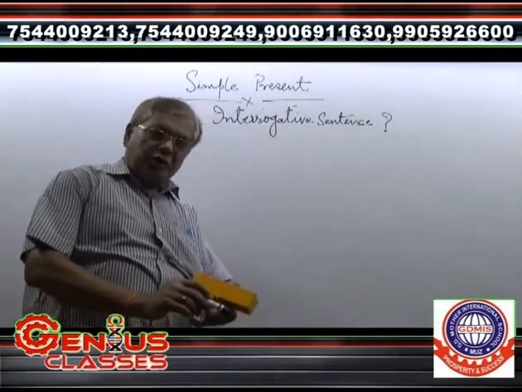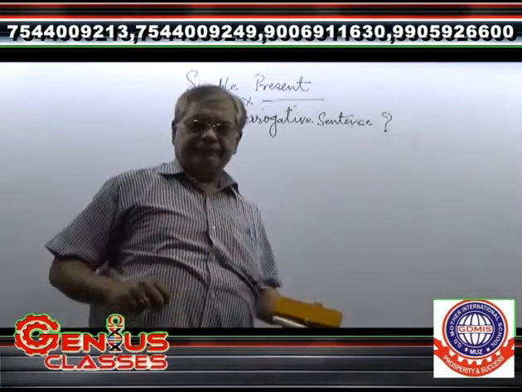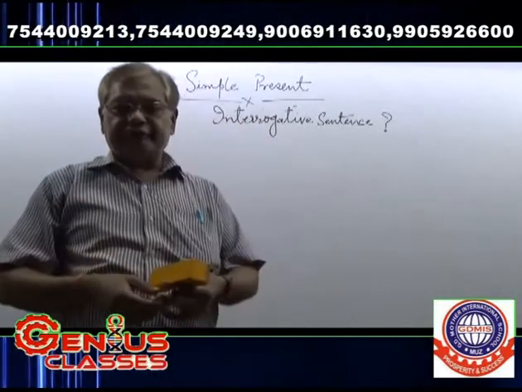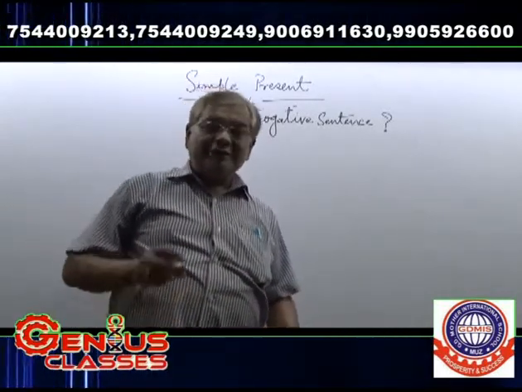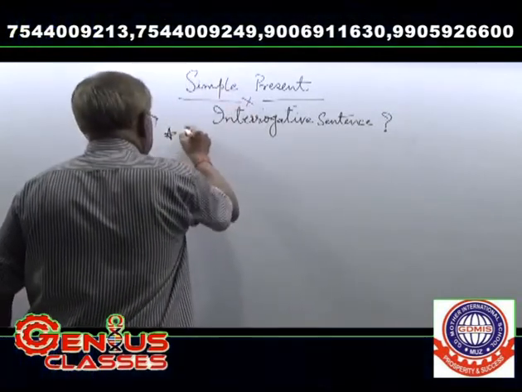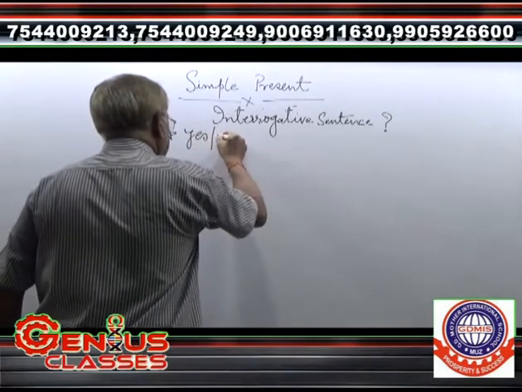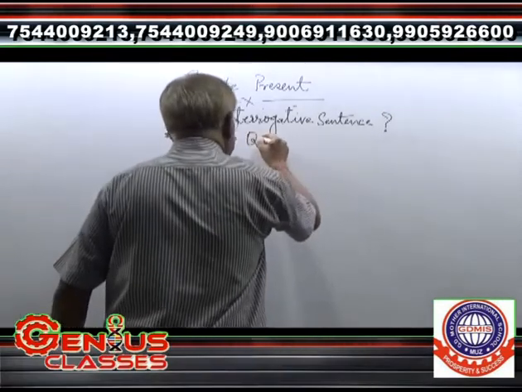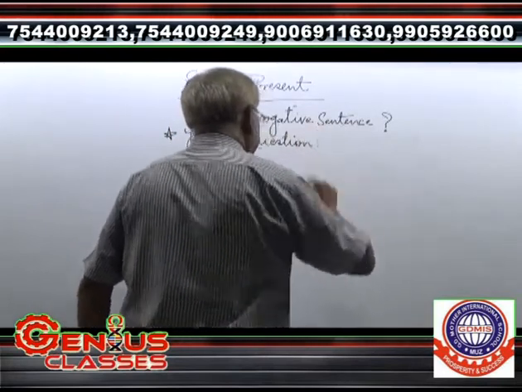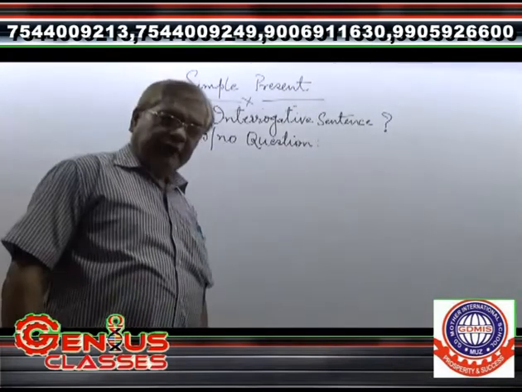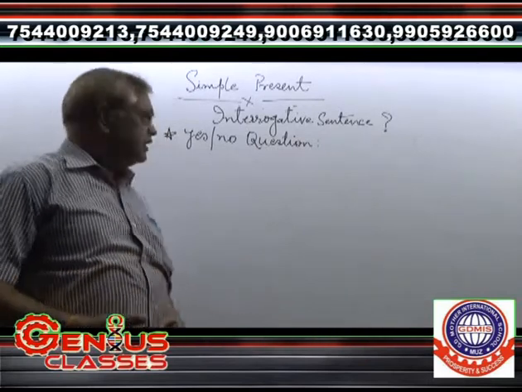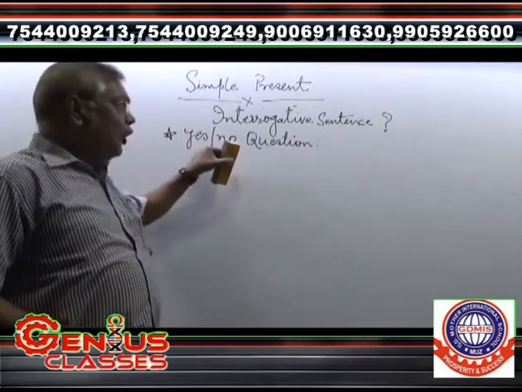There are two kinds of interrogative sentences. One is called the yes-no question. It means a question sentence whose answer will be either yes or no.